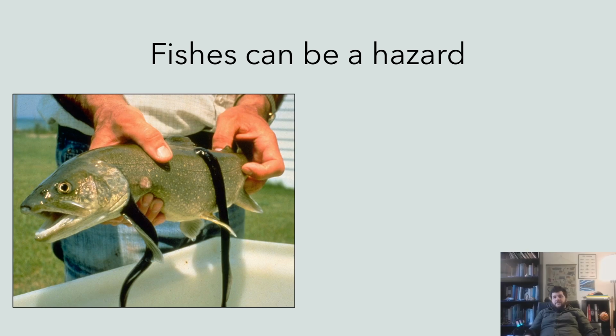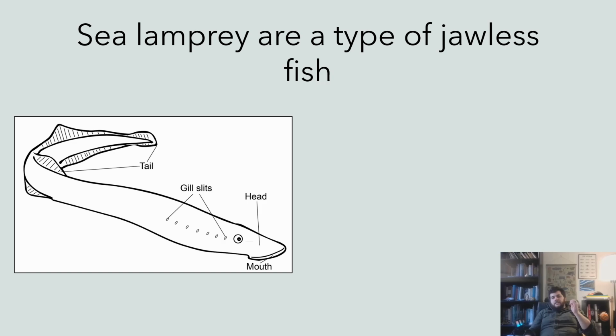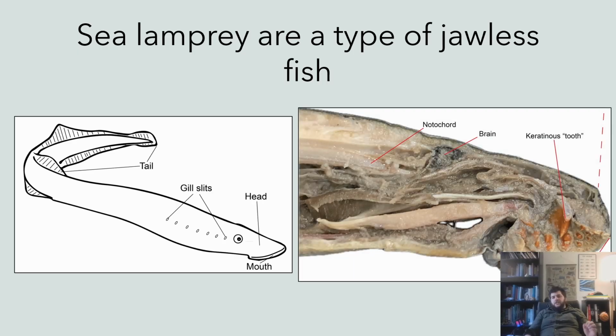Lamprey are this extremely ancient, but still around today, group of jawless fishes. They've been around for hundreds of millions of years, right? They are fishes. They're not closely related to other bony fishes, but they are fishes, and they are extraordinarily good at parasitizing other fishes. And lamprey scientists will be like, hold on, not all lamprey are parasitic, which is true, right?